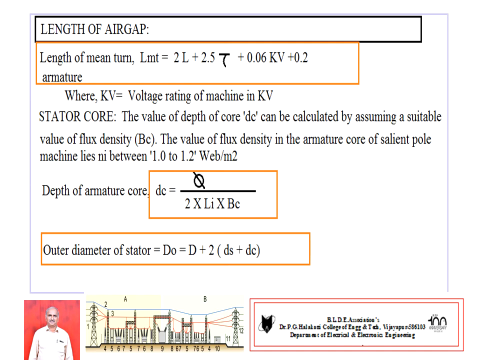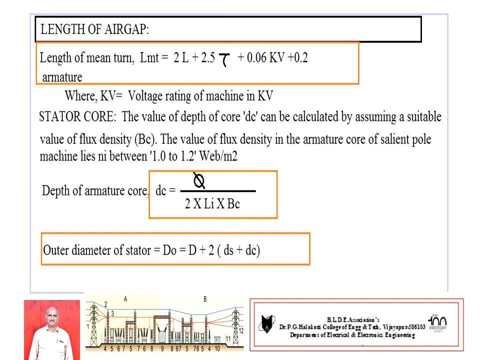The value of flux density in the armature core of a salient pole machine lies between 1 to 1.2 Webers per meter square. By assuming this value, it is possible to calculate the depth of armature core. Depth of armature core DC equal to 50% of flux, pi by 2 into Li into BC.